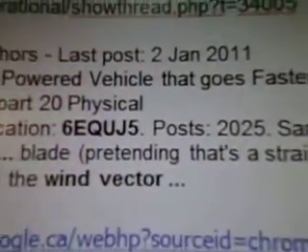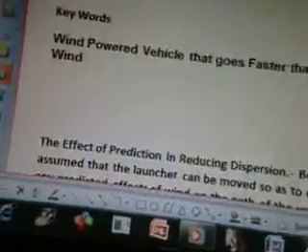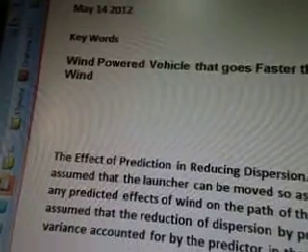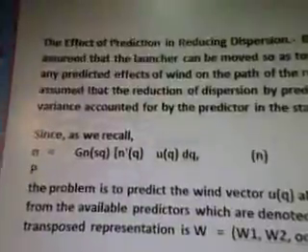And this is what's amazing about it, is that it brings up information that's from the 60s, from the 1900s, as well as 2010, 11, and 12. Look, it says 2025 there, so I guess it's a premonition to take you to 2025 to figure out how to make this vehicle. I hope not. I'm just joking around here. So May 14th, 2012, keywords: wind-powered vehicle that goes faster than the wind. We're actually trying to make a UFO that travels faster than the speed of light, but let's see.